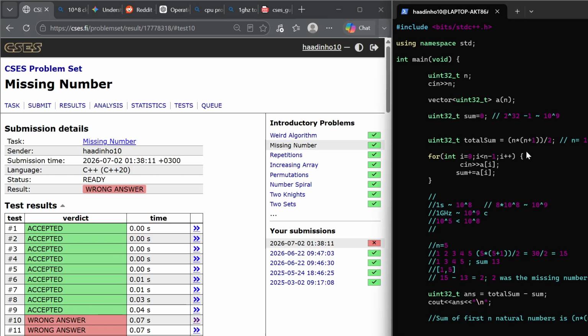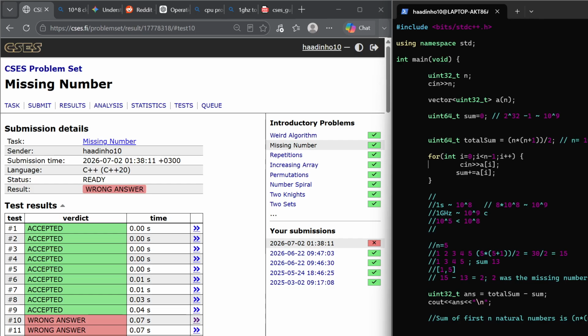So what I'm going to do now is change these two things to 64-bit. With this, it can easily hold values up to, I think, 10 power 18.